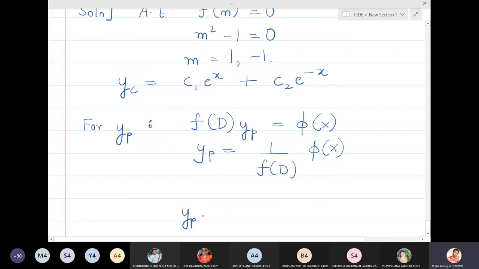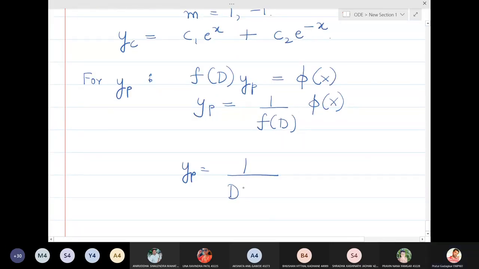Therefore yp is equal to 1 over D square minus 1. Phi of x is e raised to minus x sine of e raised to minus x plus cos of e raised to minus x.